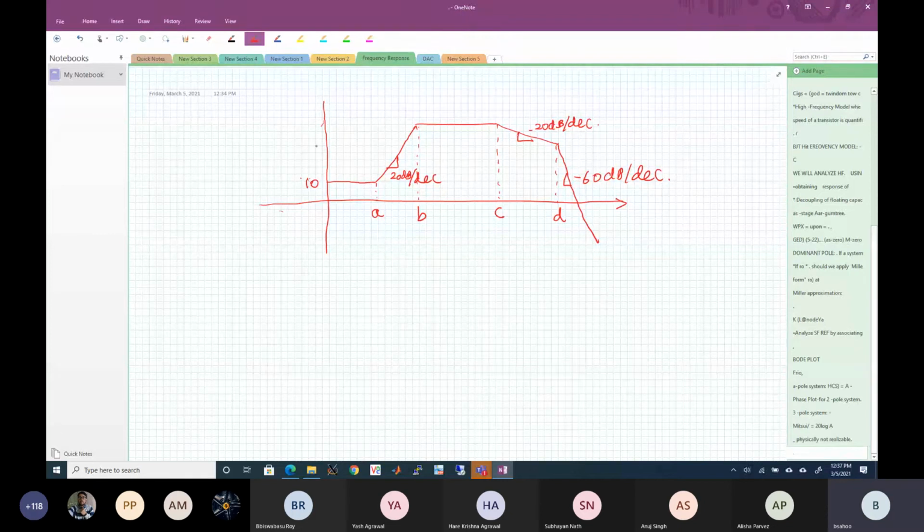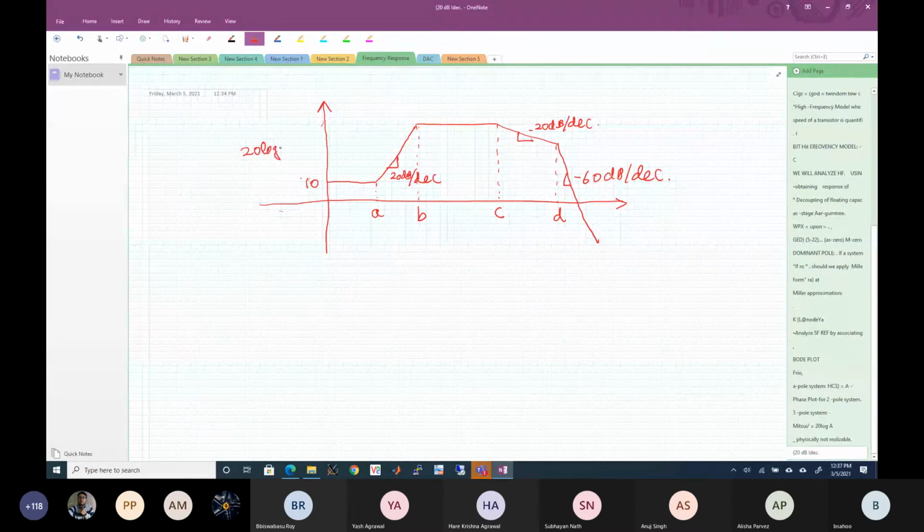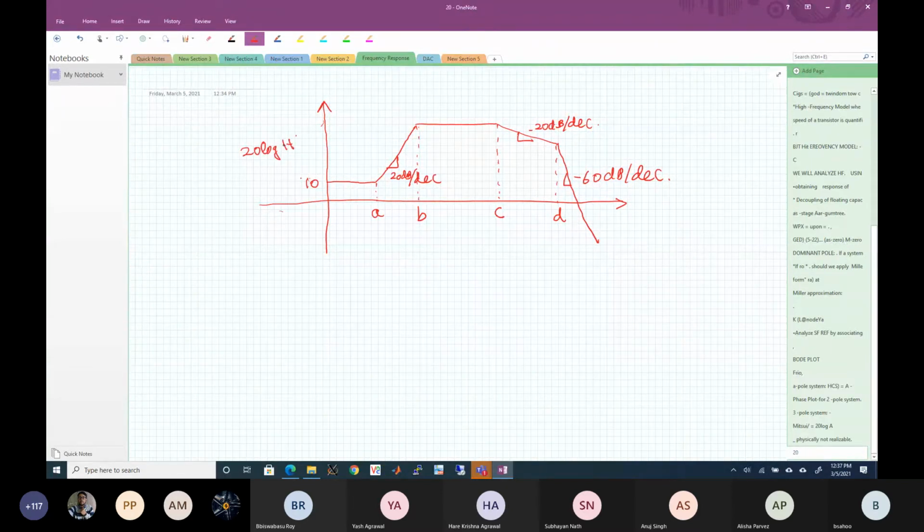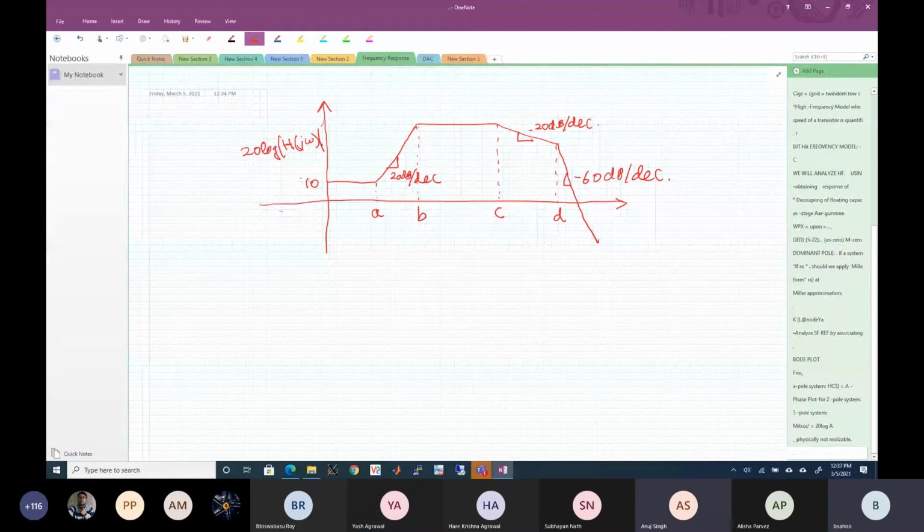Can you please tell me what is the transfer function of this? How many poles are there in this system? Three poles? Are you sure? Four poles.